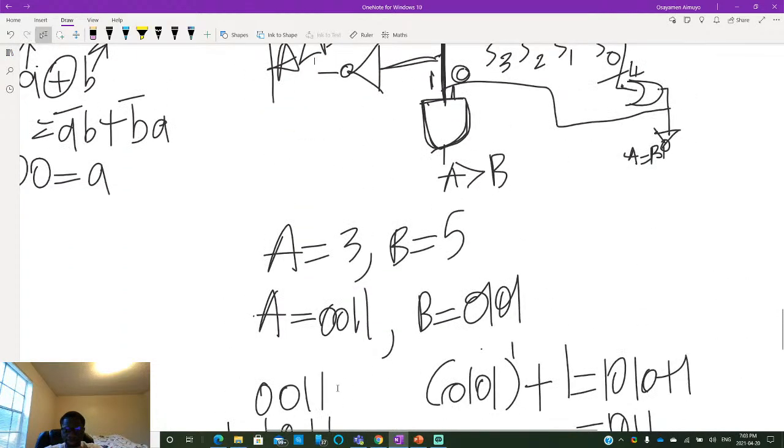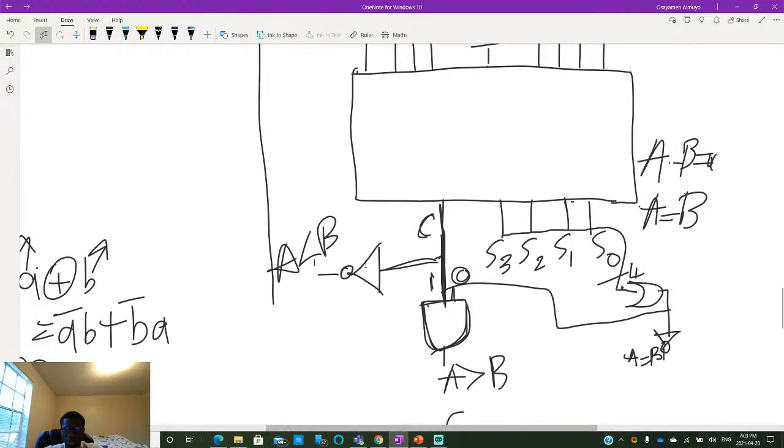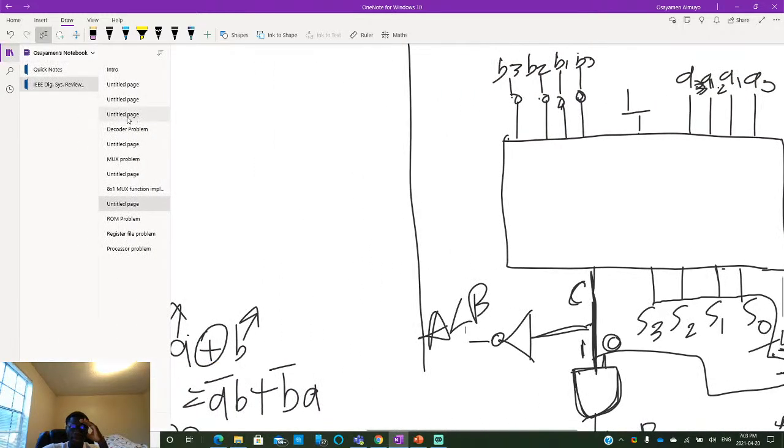Let's see. Are you talking about this NOT gate? Yeah, I included that NOT gate. Okay.